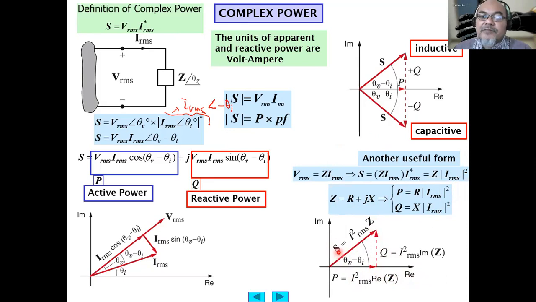And the S, the complex power, has the reactive power Q as the imaginary part, which will be equal to I squared RMS multiplied by the imaginary part of the impedance, which is basically the reactance X. Then the complex power equals P plus jQ, or I squared RMS R plus j I squared RMS X. This one is indicated by this arrow, so the operation is similar to phasor operation.